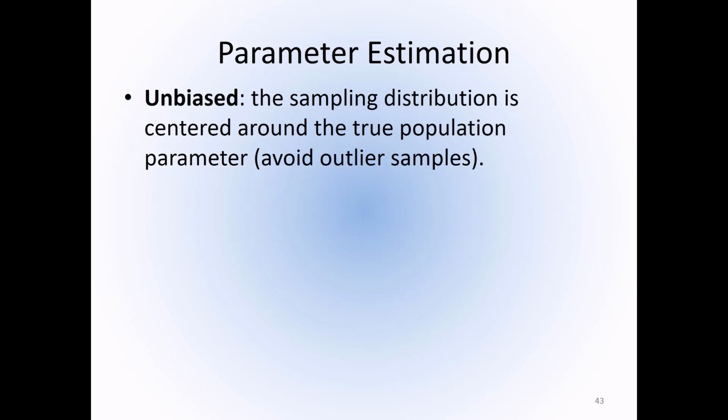A couple of important things about this parameter estimation is that it should be unbiased, as we've been talking about throughout the course, and so random sampling is important, and this is going to help ensure that we're not specifically choosing certain individuals or observations for our particular sample.